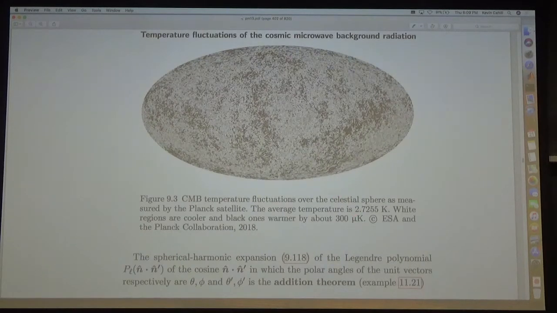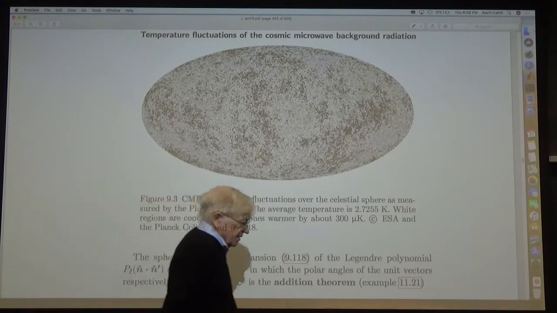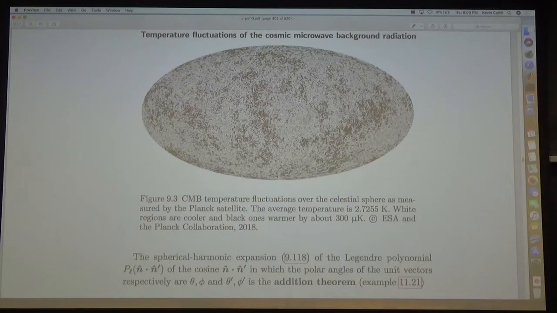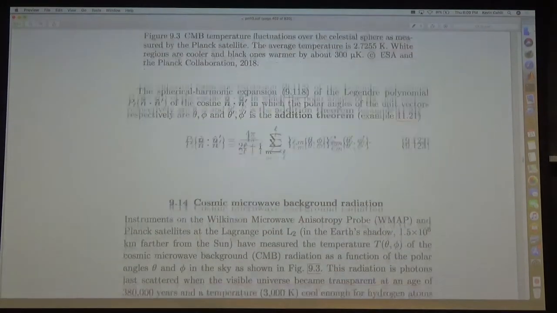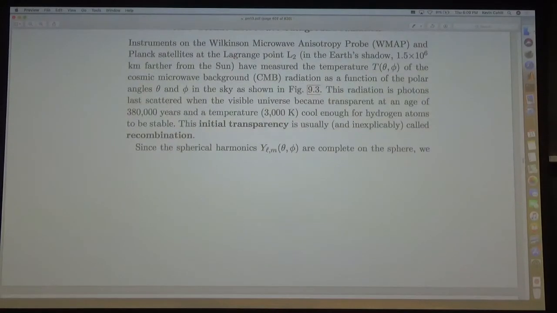And you can Google a nice color photo of that. I have black and white here, unfortunately. This Planck satellite, by the way, was at the second Lagrange point, which is in the Earth's shadow, first of all. And you want to be in the Earth's shadow because you're trying to observe radiation that is the photons that have a temperature of 2.7 Kelvin.